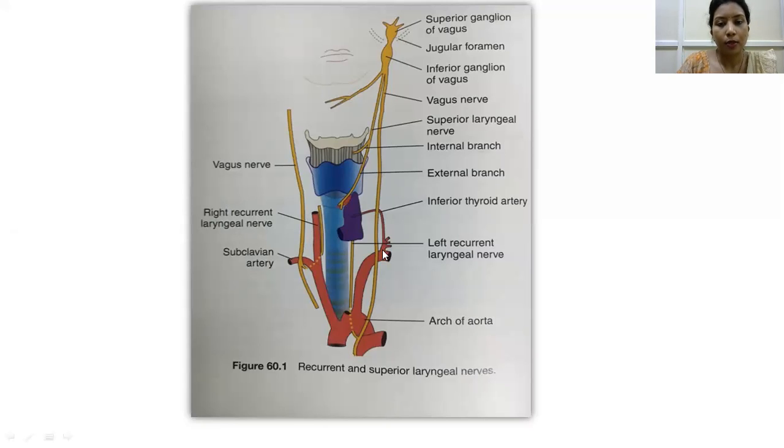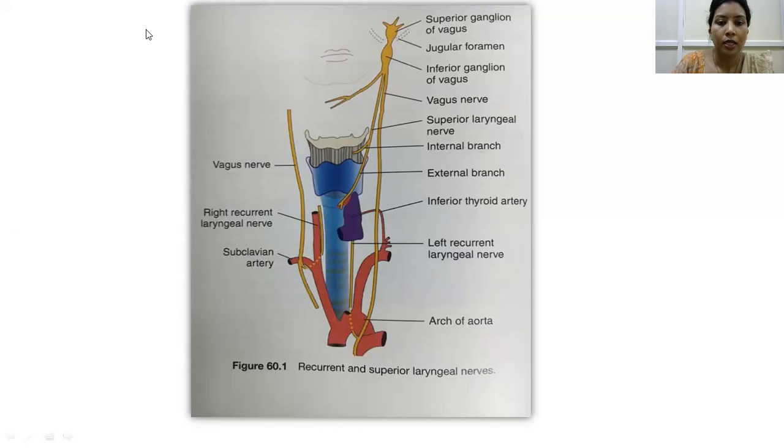Why is that? It is because the left recurrent laryngeal nerve is given out in front of the arch of aorta, whereas your right recurrent laryngeal nerve is given in front of your right subclavian artery. As we know, this is the arch of aorta. This will be your brachiocephalic artery, the right brachiocephalic artery.